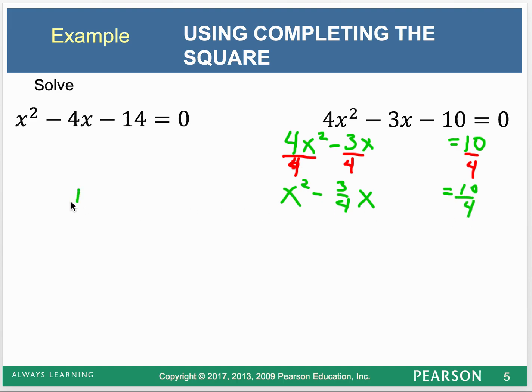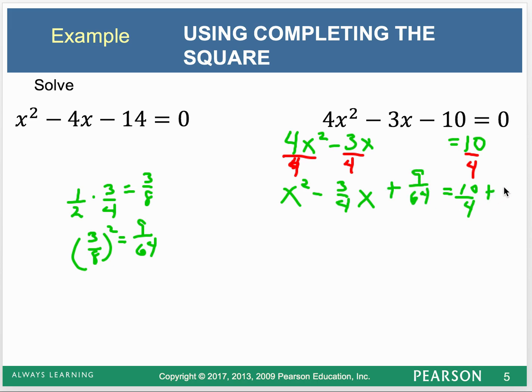We've got to take half of that linear term, so half of 3/4 is 3/8, and we've got to square it. Now we add this to both sides of the equation.